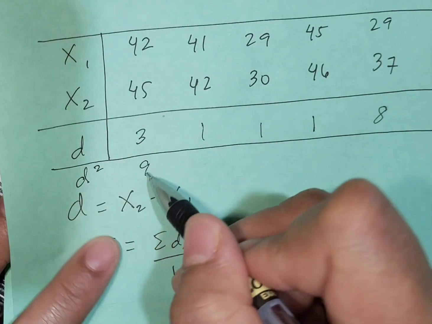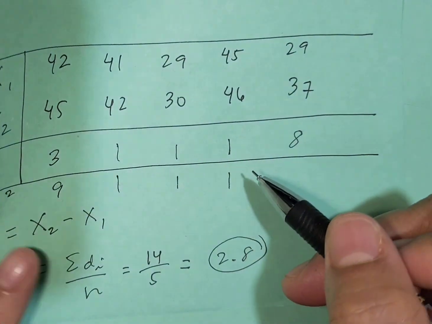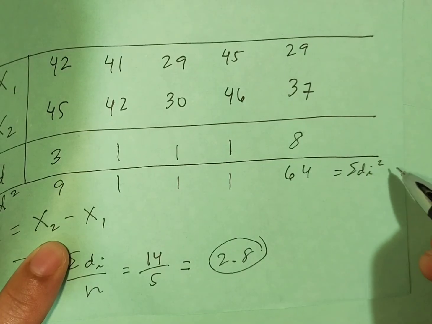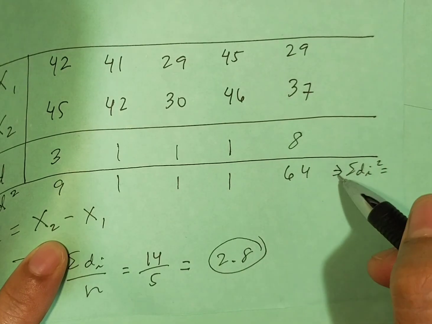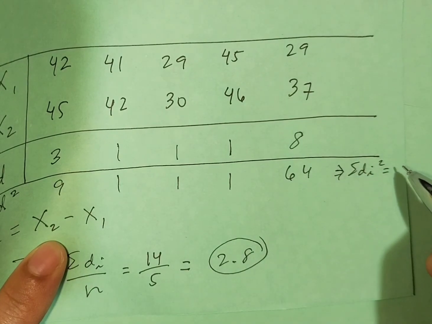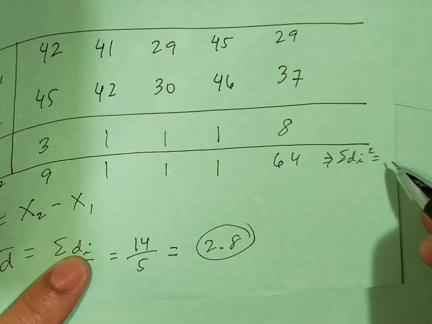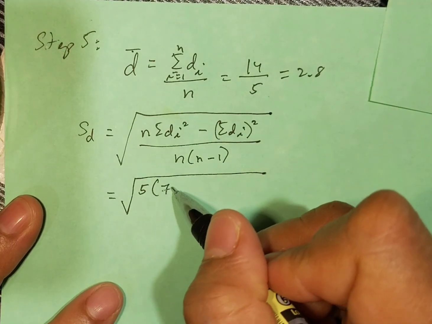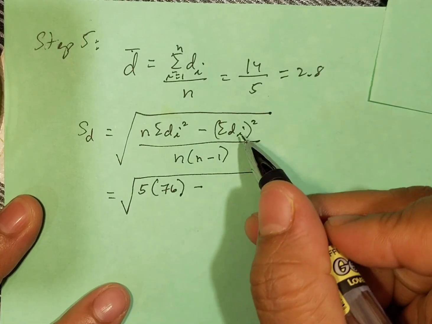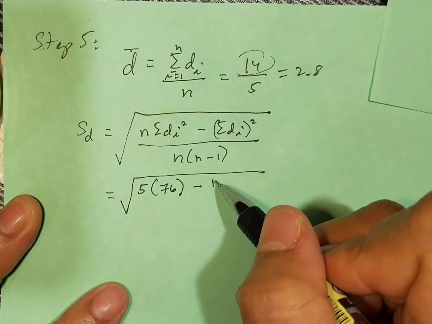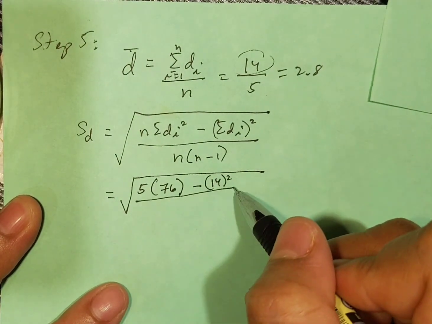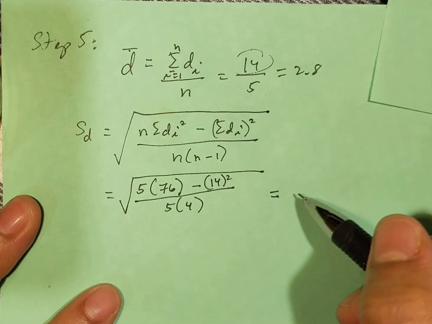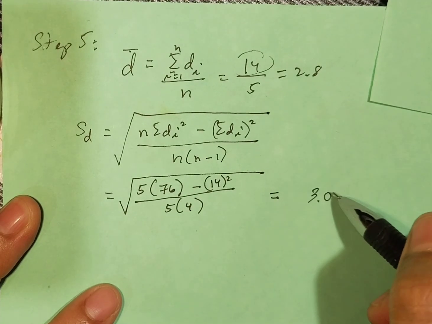This is 3 squared, that's 9, 1 and 1 and 1, and this is 64, so that our summation of d sub i squared is equal to 76. Okay, so this is 76 here, minus summation of d sub i, we have 14, but don't forget to square that, over 5 times 4. So our s sub d is actually 3.03.